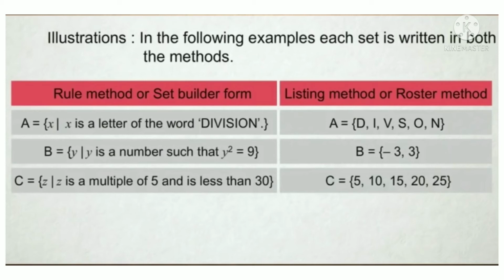Listing method or roster method: A = {D, I, V, S, O, N}. B = {-3, 3}. C = {5, 10, 15, 20, 25}.